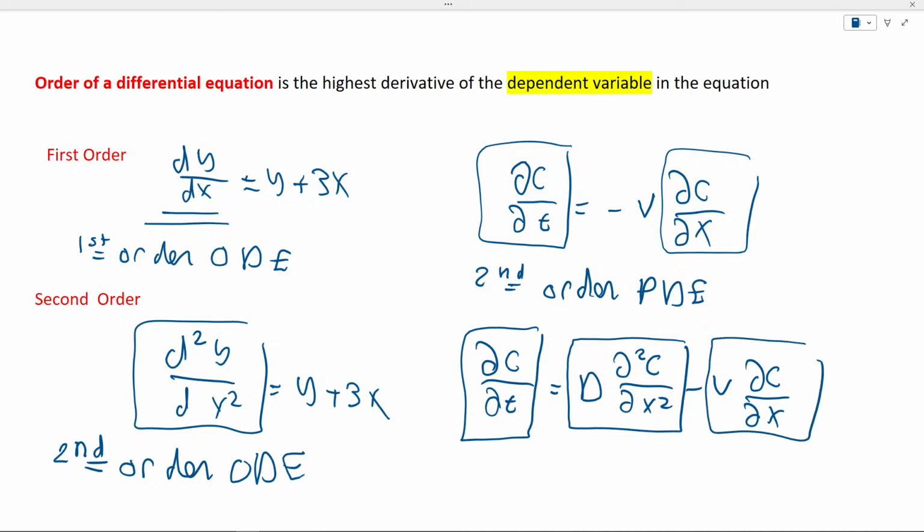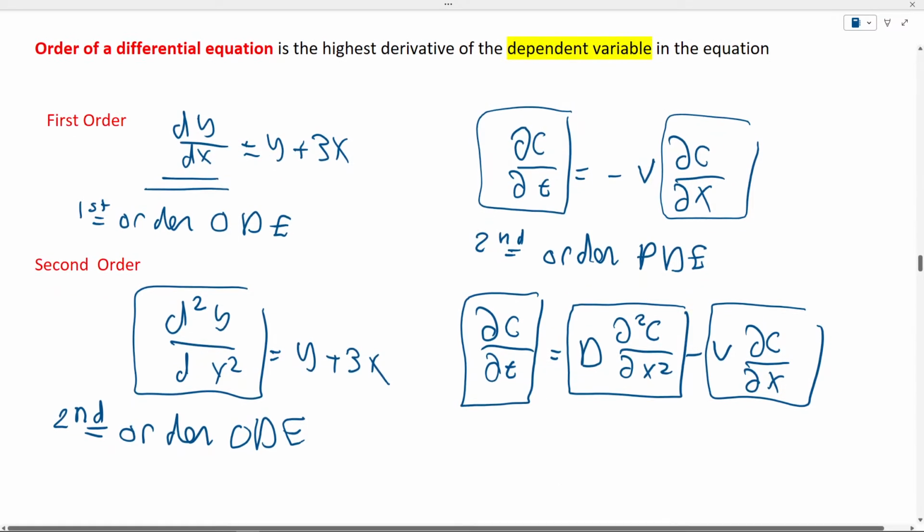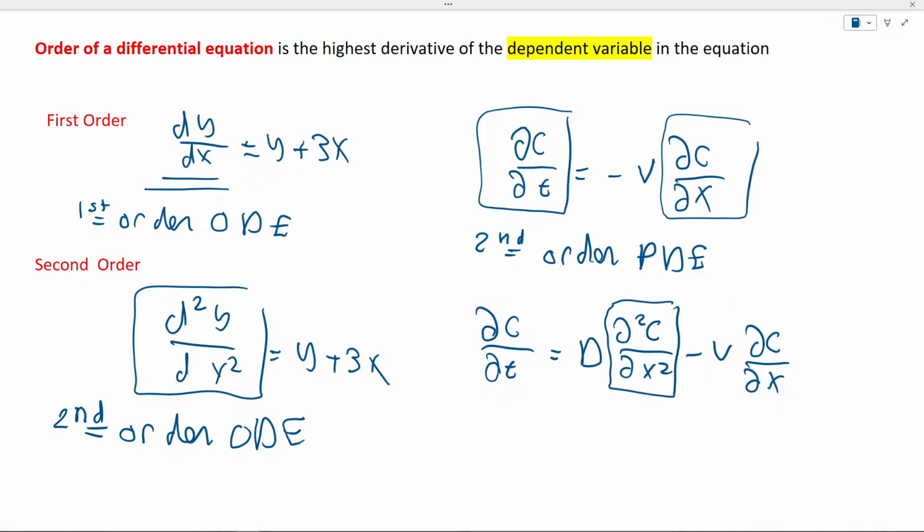So this is a PDE, and specifically a second order PDE. Why? Because I have the second derivative of my concentration here. The other term has the dependent variable at first order, but here the concentration is in the second order. So this would be called a second order partial differential equation.